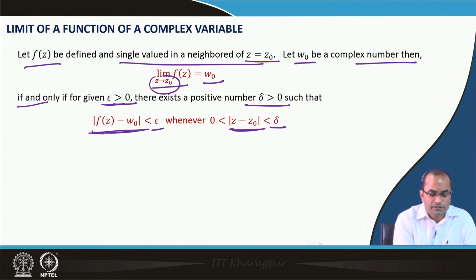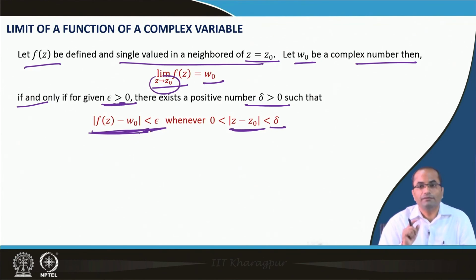So, for any given epsilon, if we can find such a neighborhood, then we call this the limit.